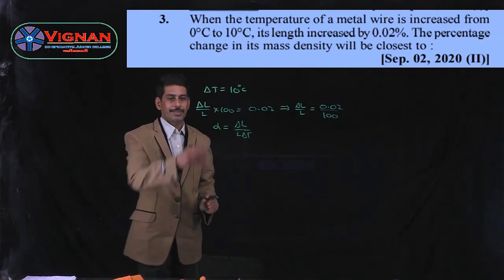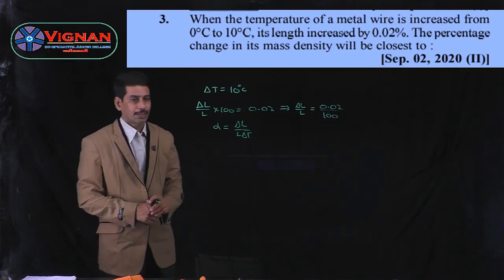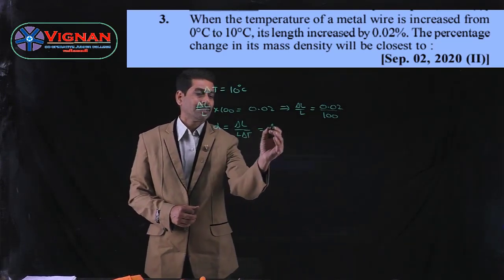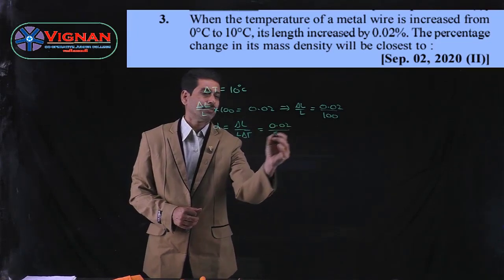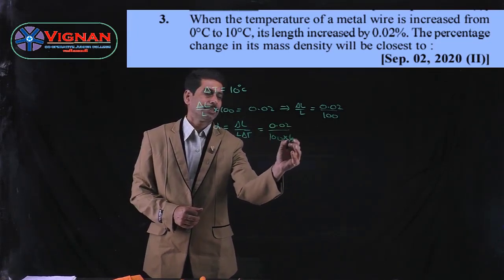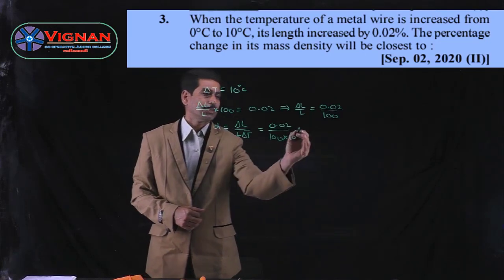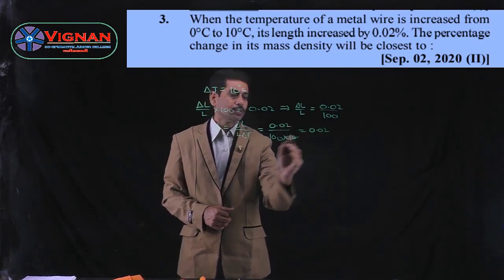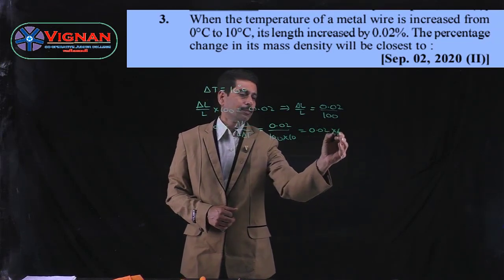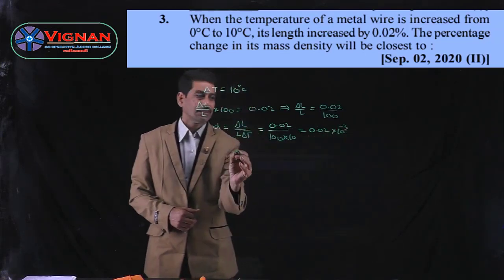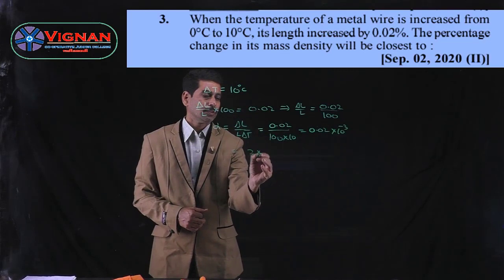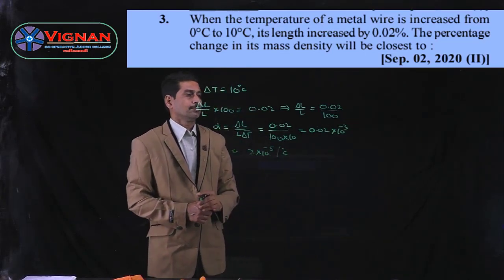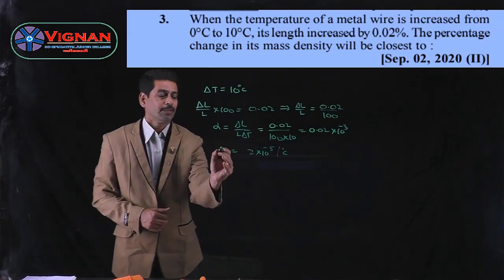So alpha is equal to delta L by L into delta T, and delta L by L is nothing but 0.02 divided by 100, and the change in temperature is given as 10. So this is equal to 0.02 into 10 power minus 3. So this is nothing but 2 into 10 power minus 5 per degree centigrade. This is the value of alpha.